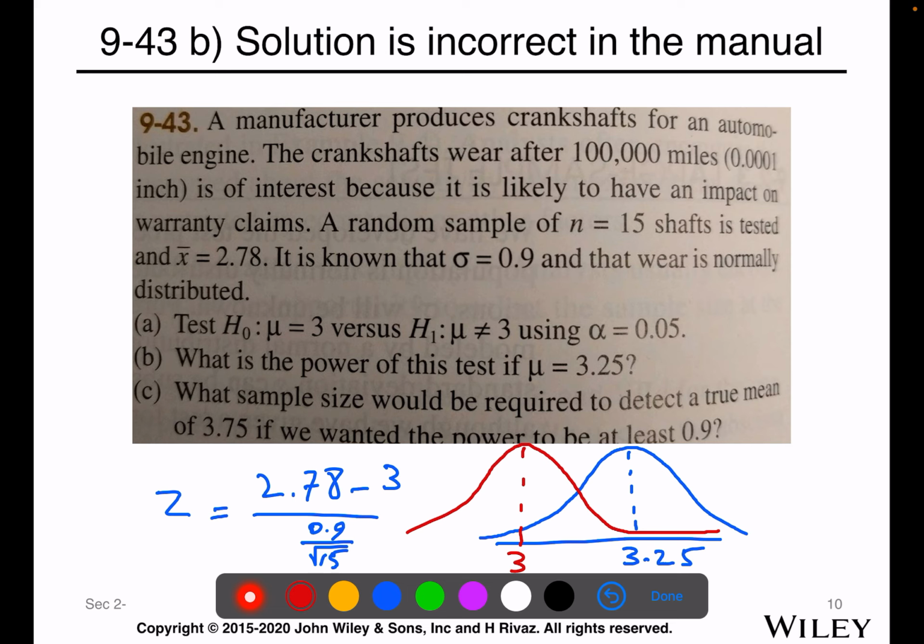And we want to find beta, which is the probability of type 2 error.